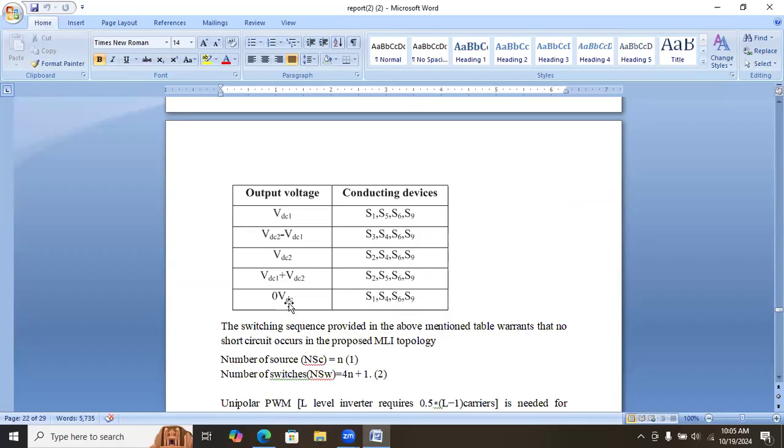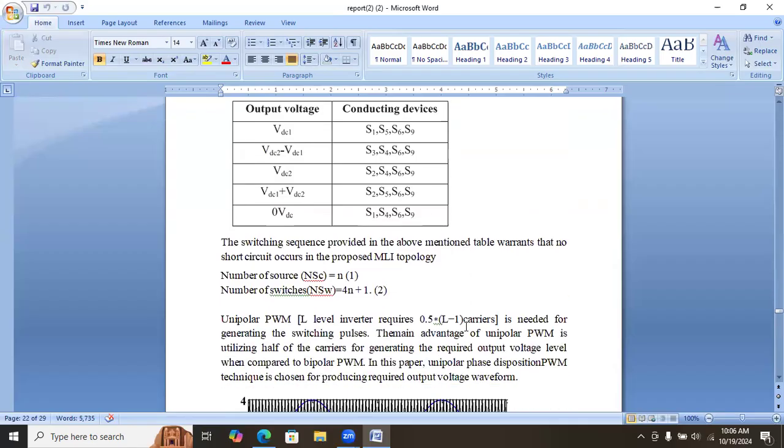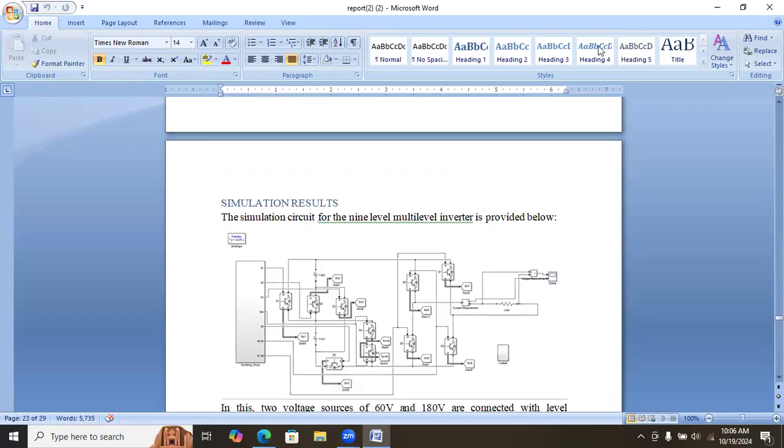Here 4 levels in the positive level and 4 levels in the negative level, and with 0 level we will get 9 level output. VDC1, VDC2 minus VDC1, VDC2, VDC1 plus VDC2. So these are the 4 levels we will get at positive cycle, and in negative cycle 4 more levels, and with 0 level we will get 9 level output.